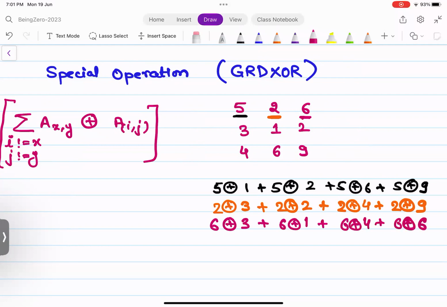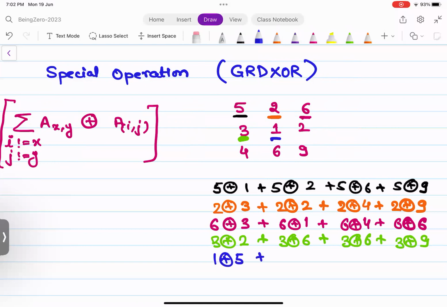Then for 3: 3 XOR 2, 3 XOR 6, 3 XOR 9. And for 1, the center 1: 1 XOR 5, 1 XOR 6, 1 XOR 4, 1 XOR 9.